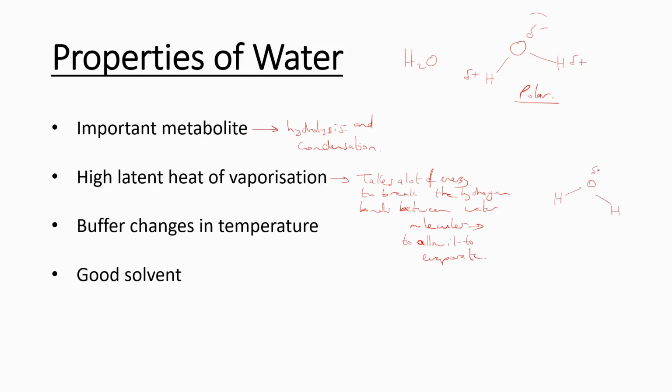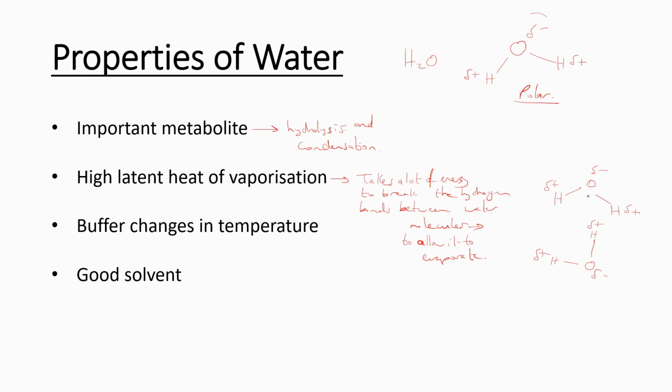So here I've got one water molecule, and we have delta negative and delta positive. It's polar. I have another water molecule here, and it's the same, delta positive, delta negative. And what I'm having is a hydrogen bond. The hydrogen bond is a force of attraction between different molecules, and here it's between water molecules.